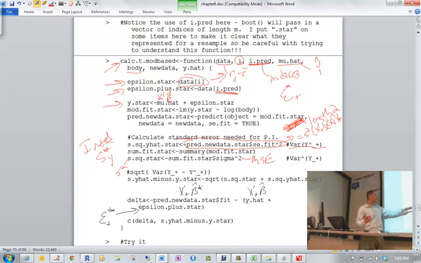Then, to find the square root of the estimated variance that I need, which would be essentially the variance of delta, I take the square root of s squared plus, sorry, I'm going off camera, plus this guy.